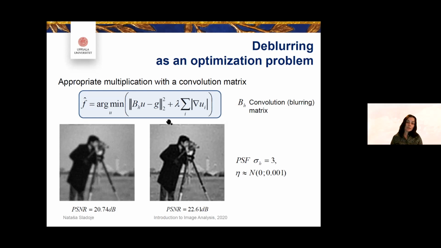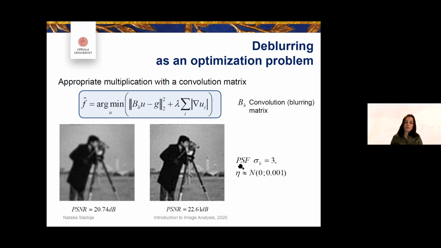What I can comment here is that there is a possibility to do what is called blind deblurring, and that one would essentially follow the same idea, but will then allow to perform this optimization in a way that simultaneously optimizes and recovers both the unknown original function and the unknown point spread function.